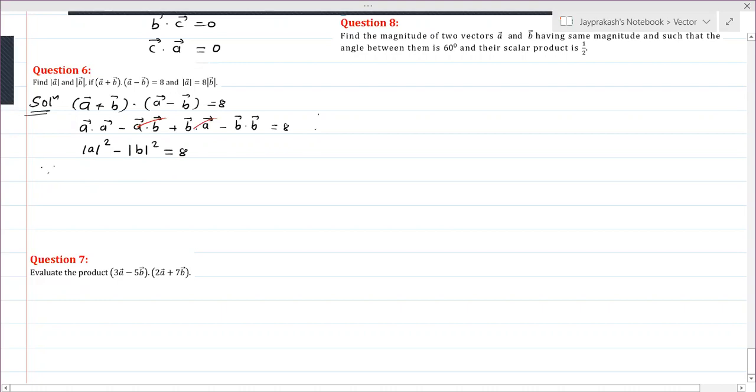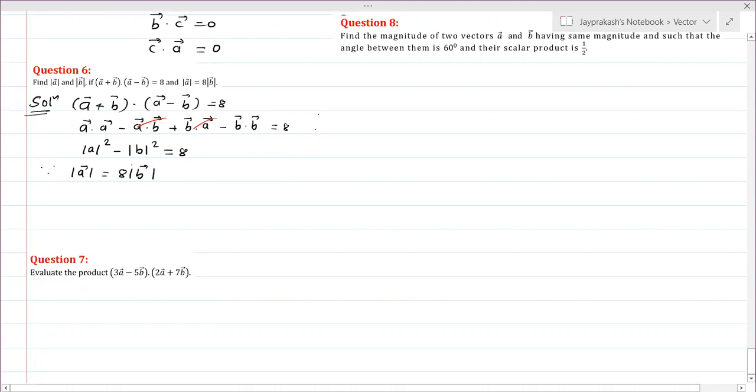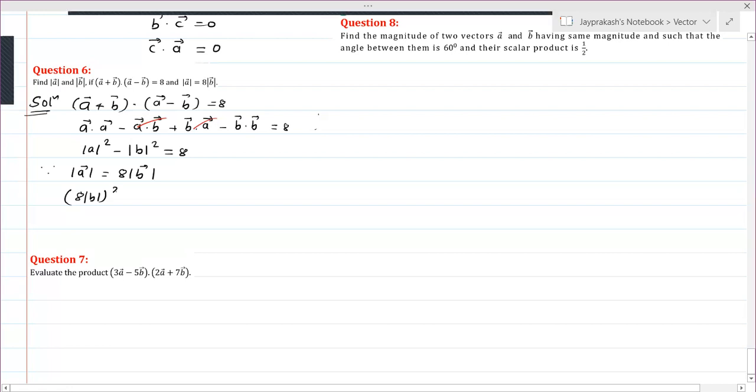Okay, now in the question we are given that the magnitude of A is equal to 8 times the magnitude of B. So in place of A, we will substitute 8 times B, so it becomes (8 magnitude of B) whole square.